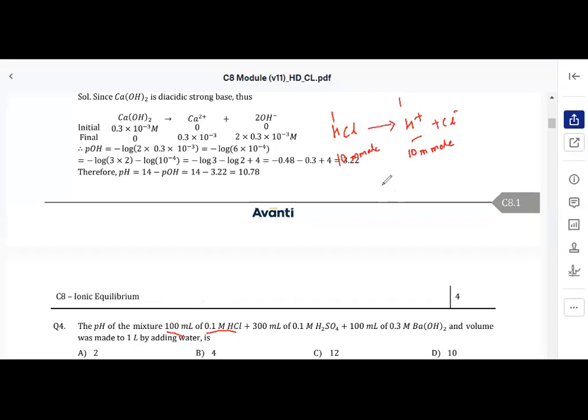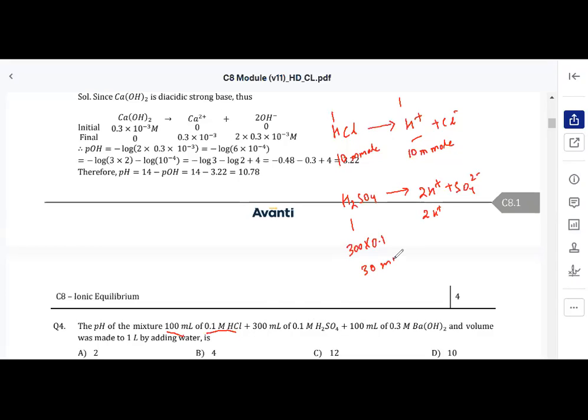No? In the same way, H2SO4 will give what? 2H plus and SO4 2 minus, right? So 1 mole of H2SO4 will give 2 mole of H plus. Now how many millimoles of H2SO4 we have here? 300 into 0.1, which is 30.